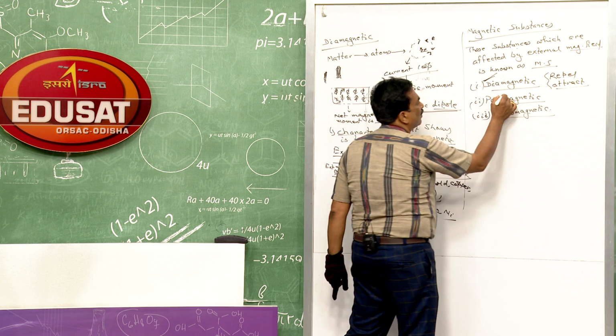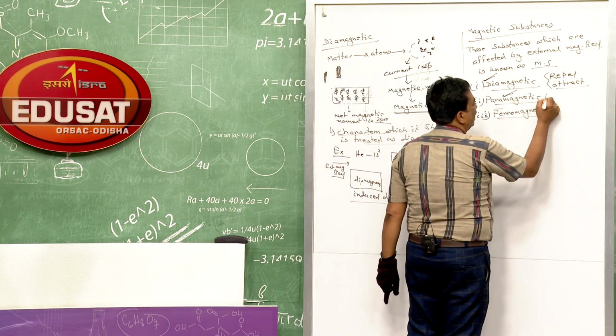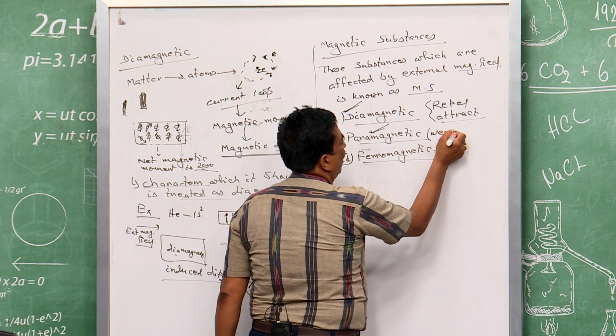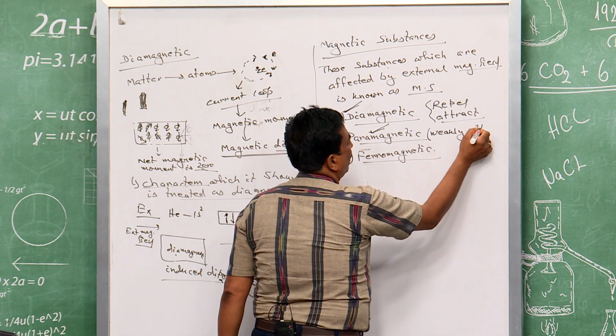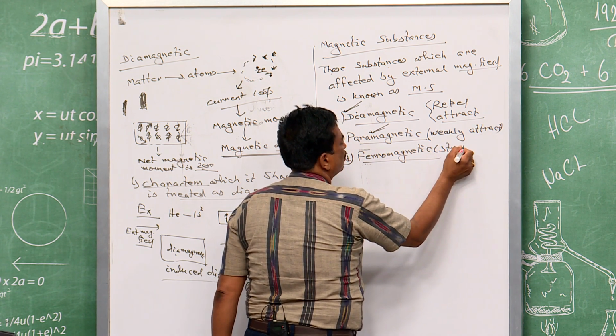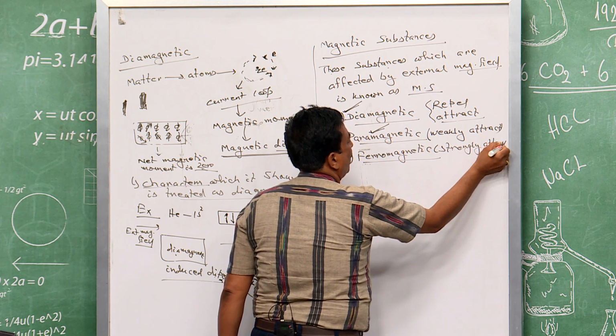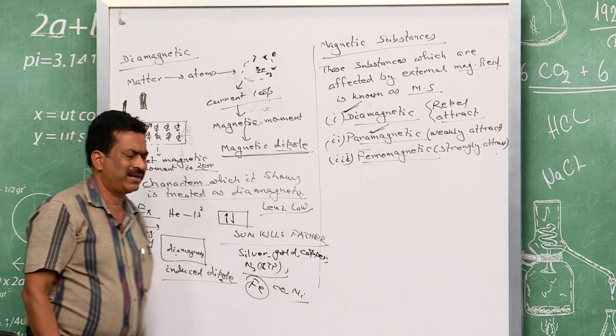Next we will go for paramagnetic substances. These paramagnetic substances weakly attract, and this one strongly attracts.